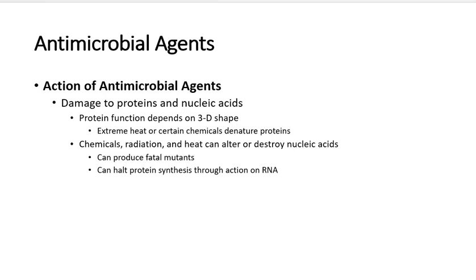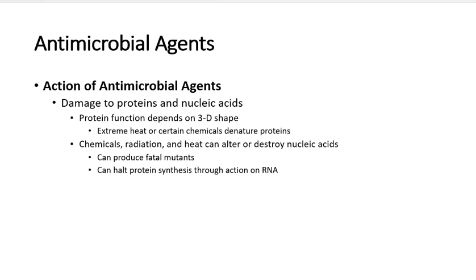If you have hemoglobin, it is supposed to store iron. It's got to fold properly in order to have that iron molecule in there. So if you can unwind or adjust that protein structure, that actual folding structure, then that protein can't work, or doesn't work as well. So we can use extreme heat or certain chemicals to do that.